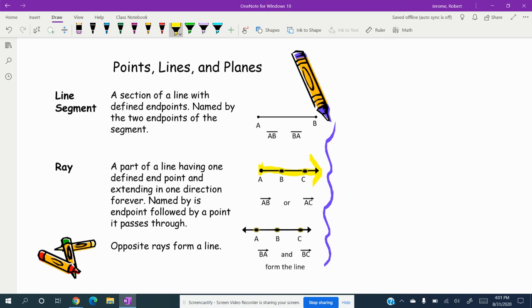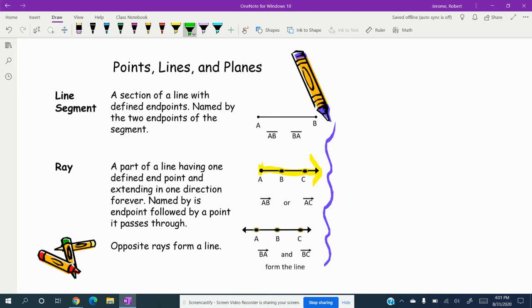So rays get a little tricky. Luckily, we don't really work with them much past this chapter. We just have to understand what they are. And we want to understand that opposite rays form a line. So if we have opposite rays, like we see here at the bottom, they will form a line.